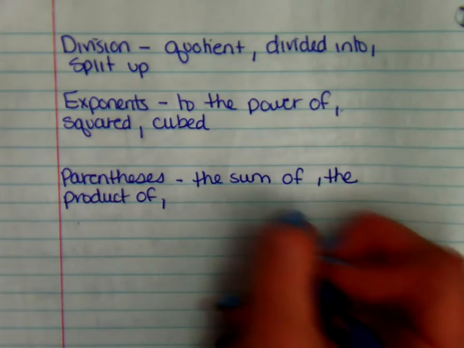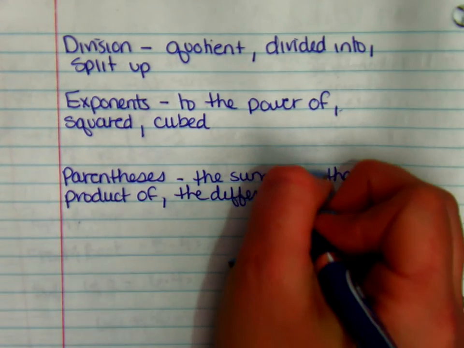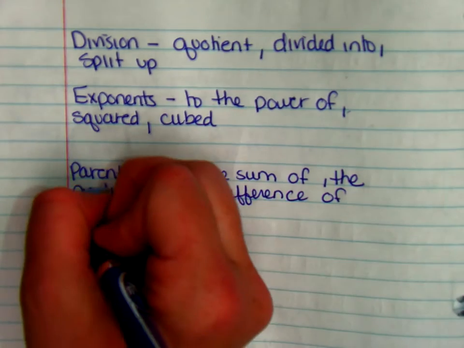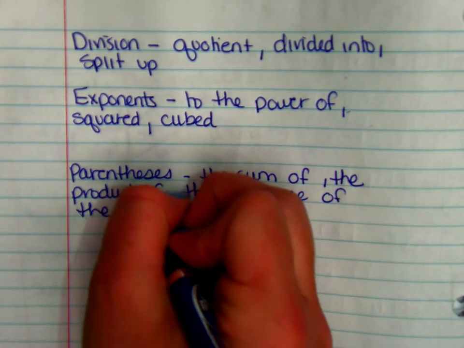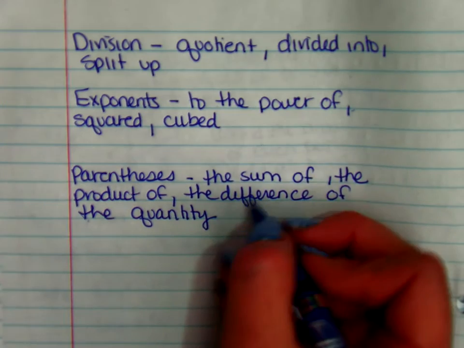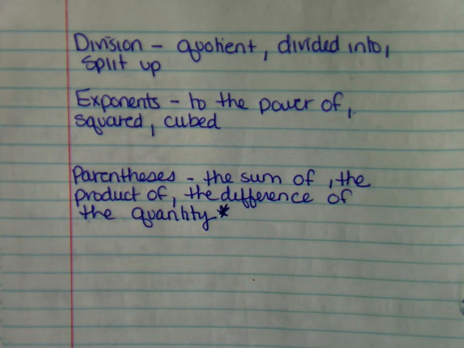We could have the difference of. And here's another really good one, the quantity. Whenever you see the quantity, that's a big sign. Do that first. Like, that's a big one. When you hear, like, the quantity of 6 and 2 plus 12, you're going to do 6 and 2 first.